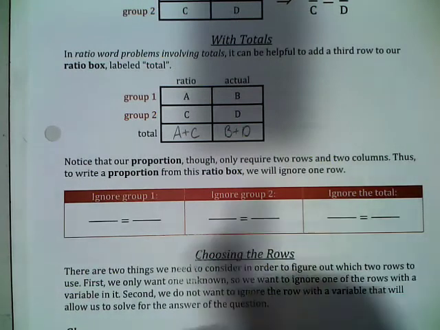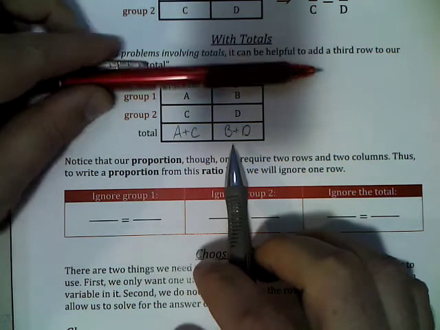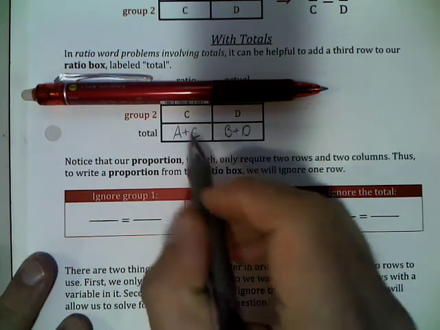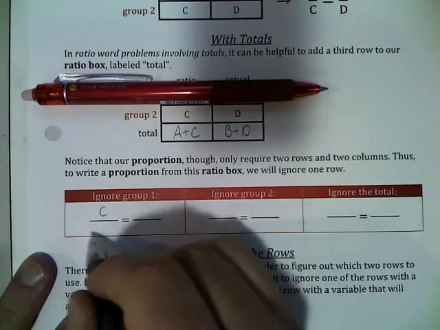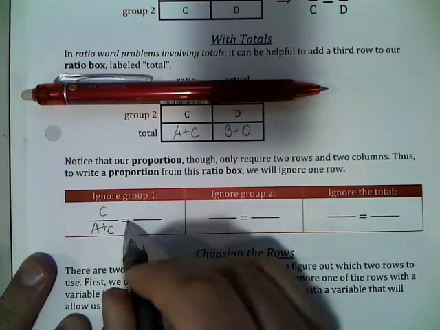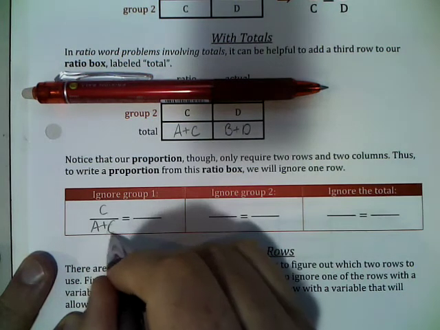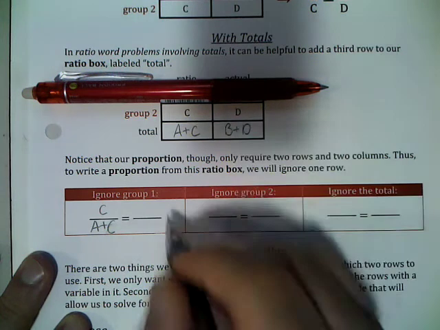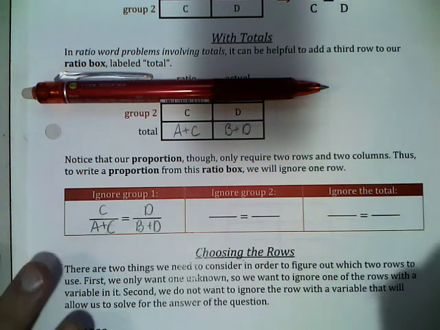First of all, let's say we ignore group 1. I'm going to use my red pen here just to cover up group 1. If I ignore group 1, my proportion is going to be C over A plus C equals D over B plus D. And that's it.